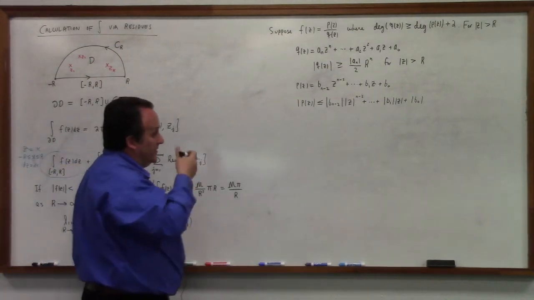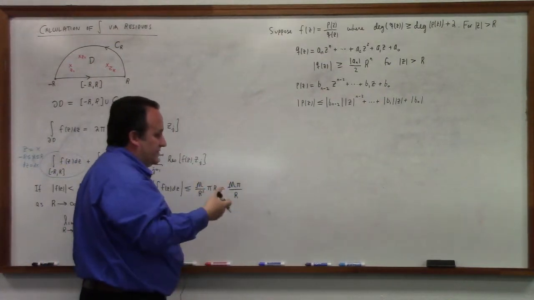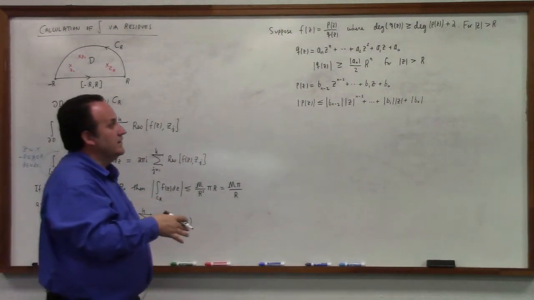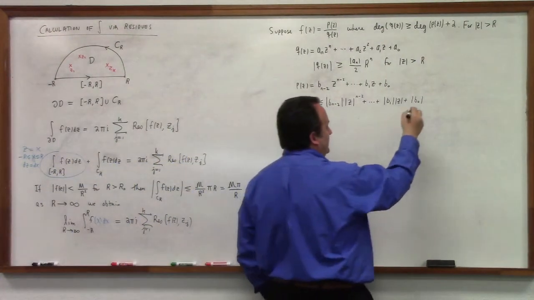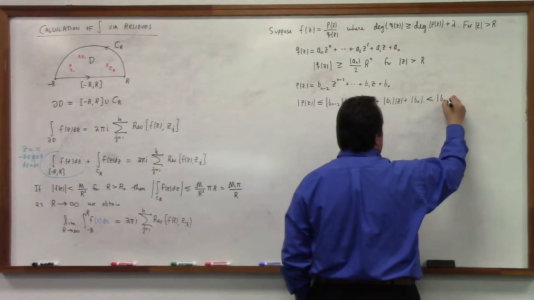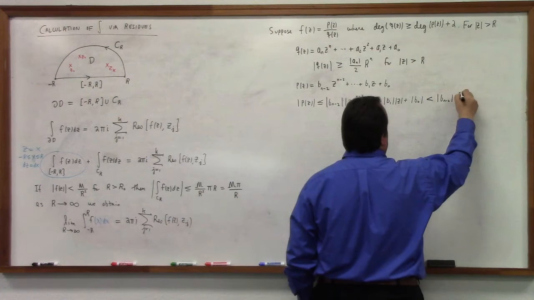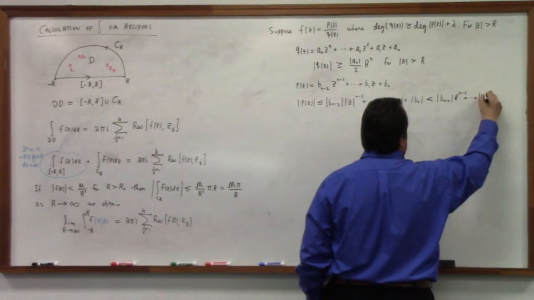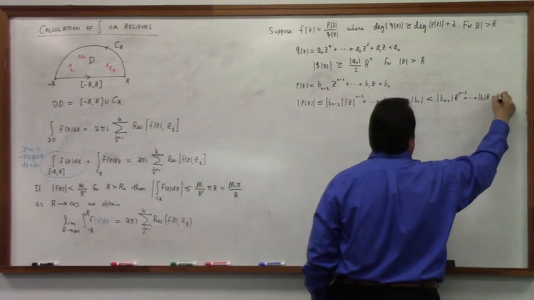But like I told you, if you look at page 131 of Churchill, you can find the explicit argument there. This is less than the modulus of b_(n-2) R to the n minus 2 plus and so on plus the modulus of b_1 R plus the modulus of b_naught.